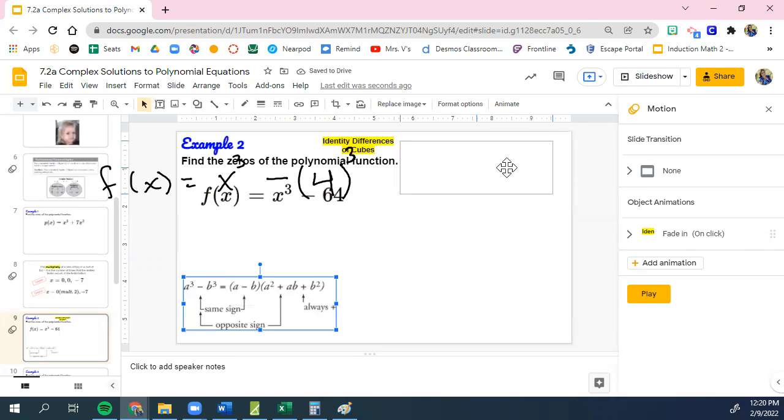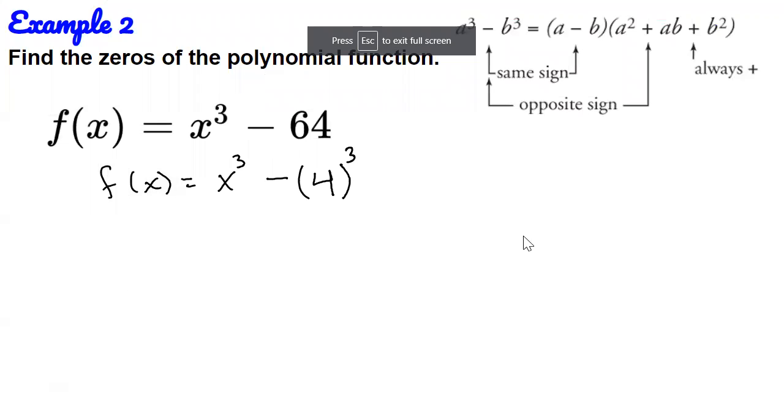There you go, difference of cubes. It's a to the power of 3 minus b to the power of 3 equals a minus b inside parentheses, and we have a squared plus ab plus b squared. So from here, we can identify which one is our a and our b, so we can factor everything that we need to factorize.